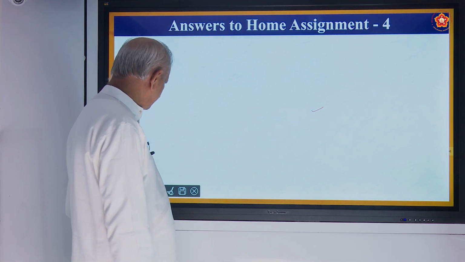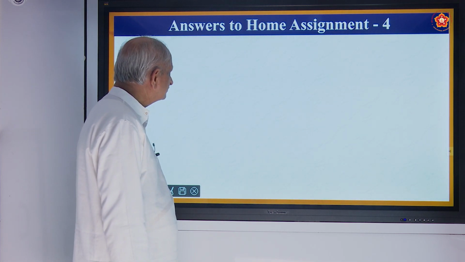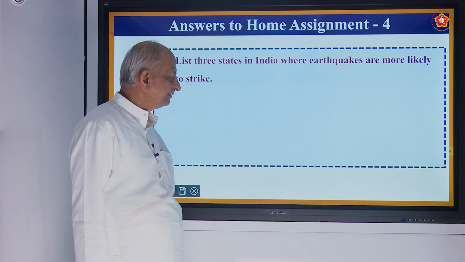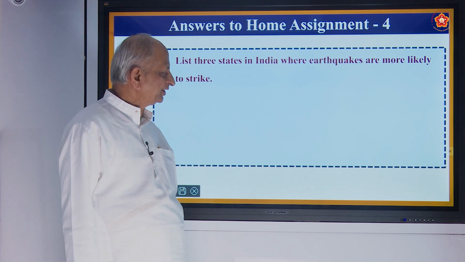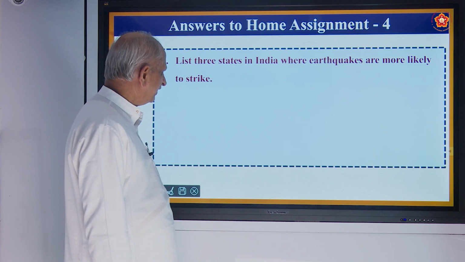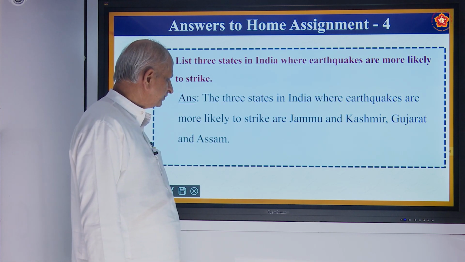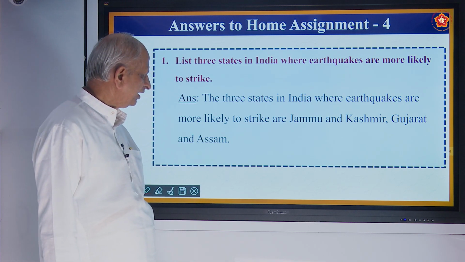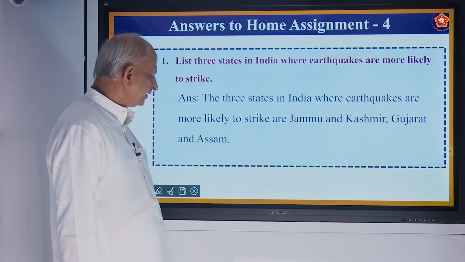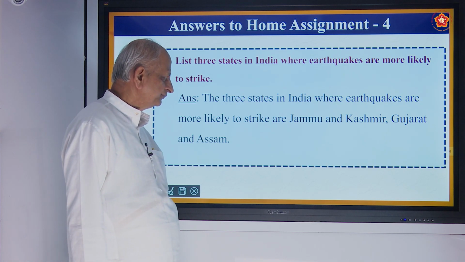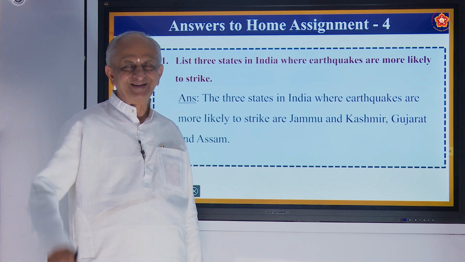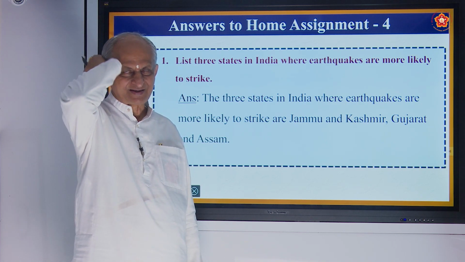Okay, now let us see the home assignment. First question, list 3 states in India where earthquakes are more likely to strike. The 3 states in India where earthquakes are more likely to strike are Jammu and Kashmir. Where is Jammu and Kashmir? It is the topmost of India.